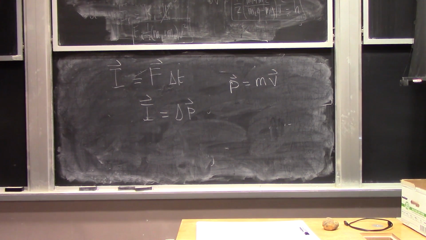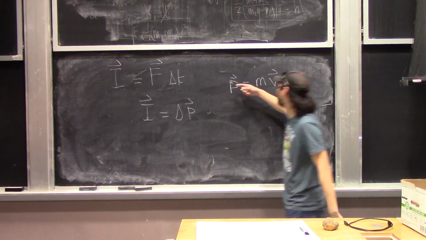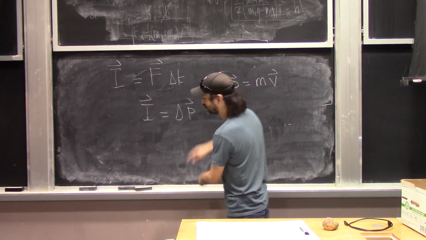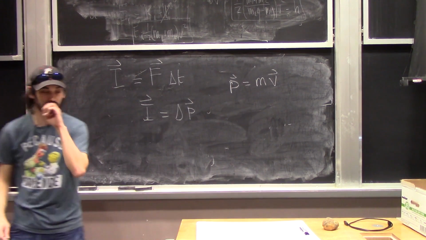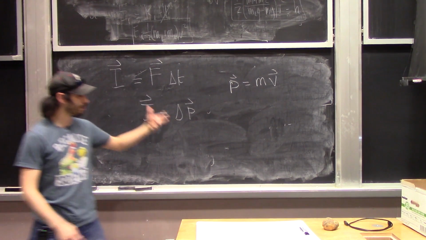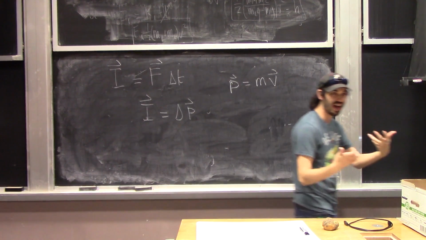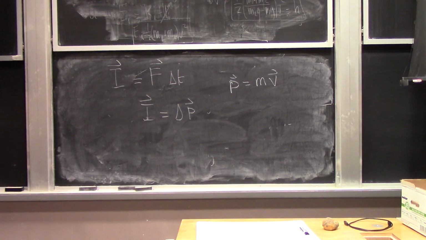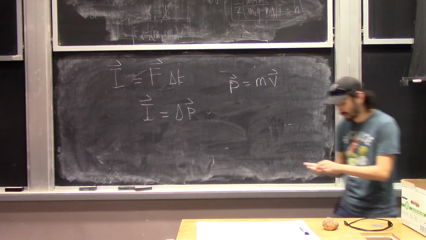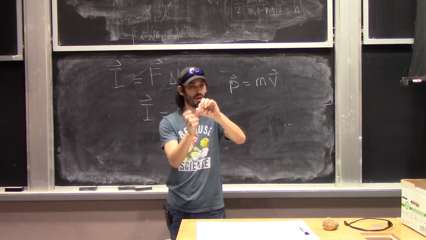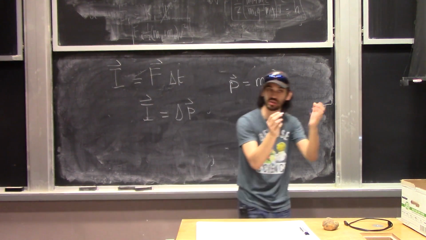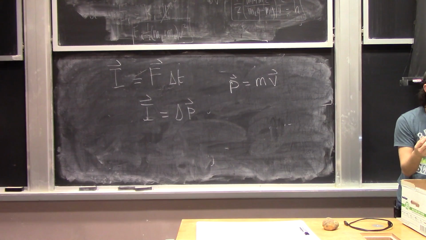Now, in some intuitive or colloquial way, this definition of momentum makes a lot of sense to us. Because if you think about objects of different size or objects with different velocities, you can have some intuition about what has a large momentum or a small momentum. So a bullet has a pretty small mass, but it moves really quickly, so you'd say that's something that has a very large momentum.